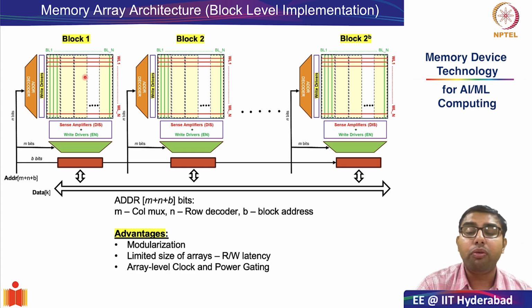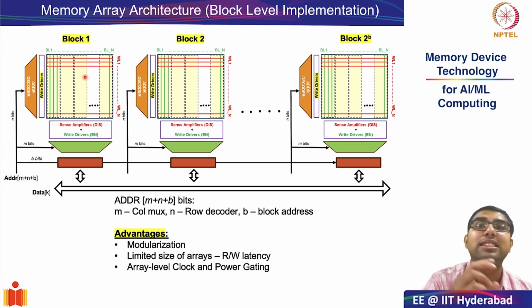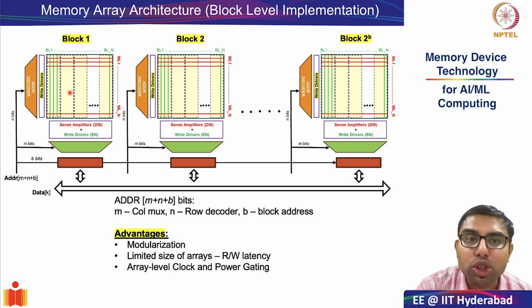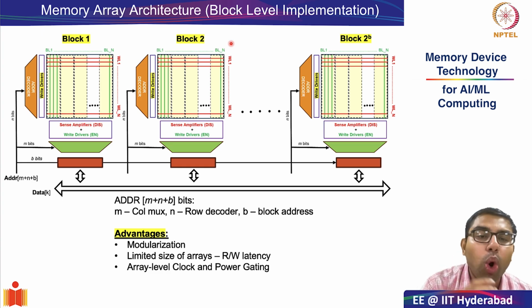In addition, we could also do power gating. What is the meaning of power gating? There is a context to power gating when we look at different kinds of memories. If we are dealing with a volatile memory, you cannot simply switch off the power supply to the array. So what do you do? You bring down the power supply to a small minimum value such that it is enough to hold on to the data.